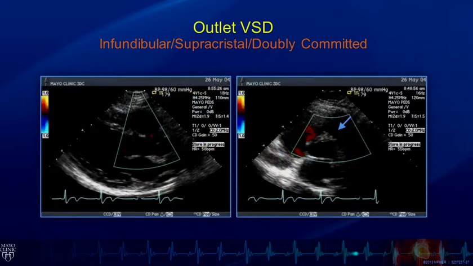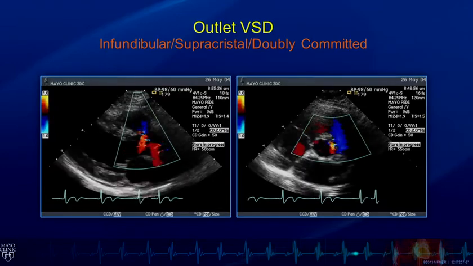In the echocardiographic assessment of the patient with outlet ventricular septal defect, long axis image on the left side, short axis image on the right side, the arrow demonstrates the location of the shunt in this patient. And here we see the arrow demonstrates the location is in close proximity to the pulmonary valve, or in the 2 o'clock position if the aortic valve is considered the face of a clock.